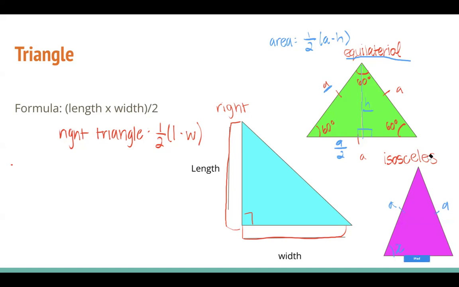So we'll call them X and X. And then we'd have this as B. It'd be a completely different number. And so again, you're gonna split it into two right triangles. And you're given that this will be B over 2, and this will be B over 2.